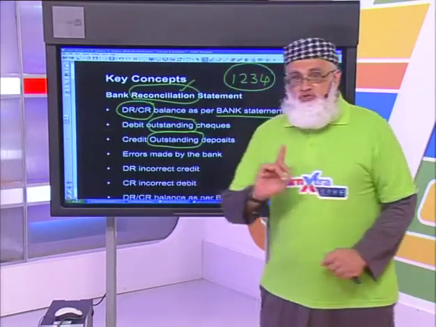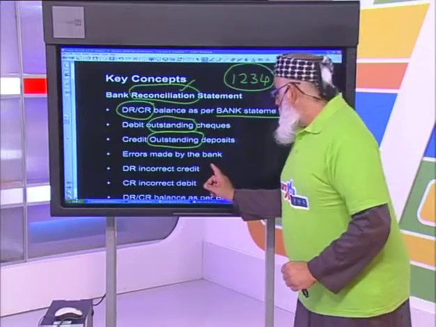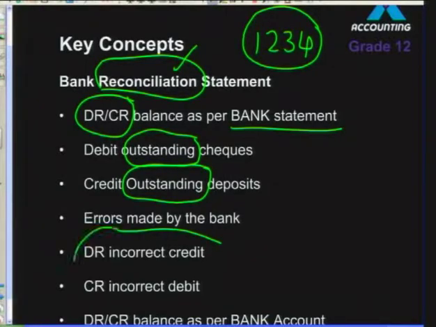We will also then do the corrections in the following manner. Either debit an incorrect credit, or we will credit an incorrect debit.